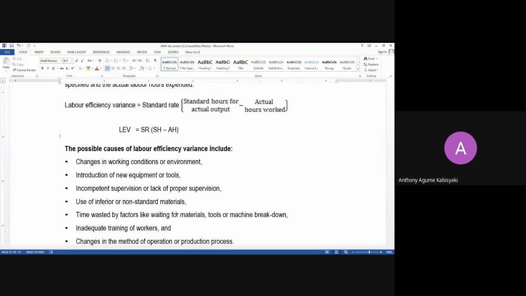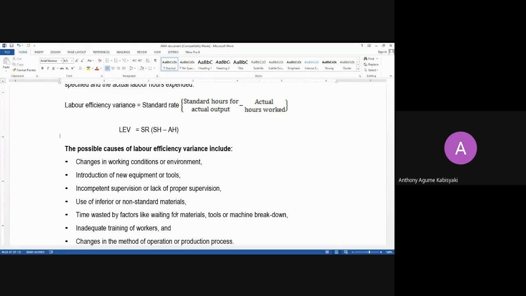And of course, if you use more time, then it is a cost to the organization, because I will pay you for more hours, assuming I'm paying you on the basis of days or hours worked. I had planned that each chair, you should take an hour to assemble it and put it there.